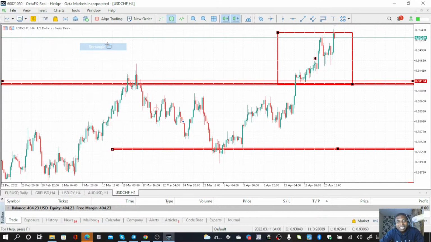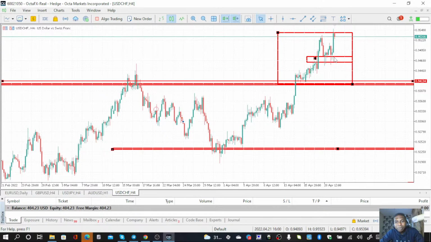Now, these rejection candles indicate that there is a support level at this place. There is bullish momentum at this place. That is why you can see so many spikes, wicks, one, two, three, four, and these wicks are to the upside. You see the bullish momentum coming in.